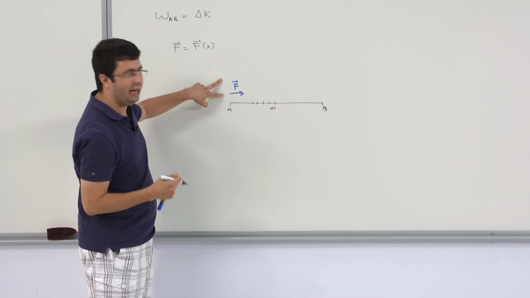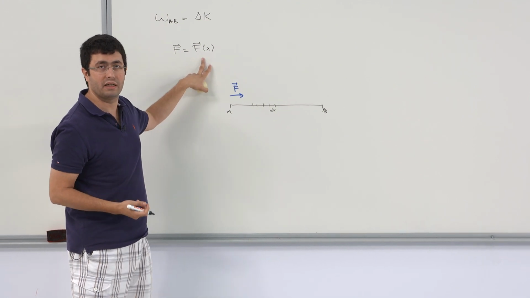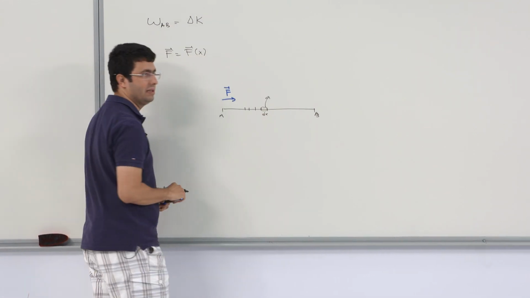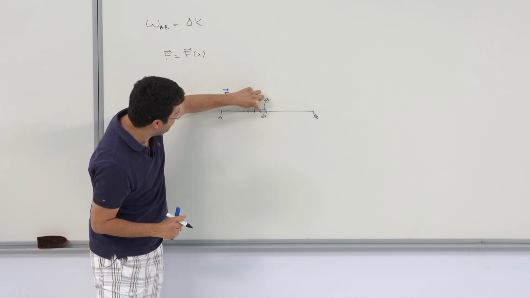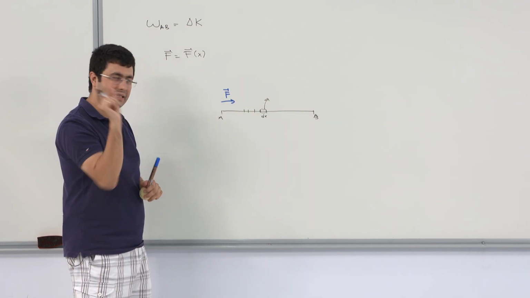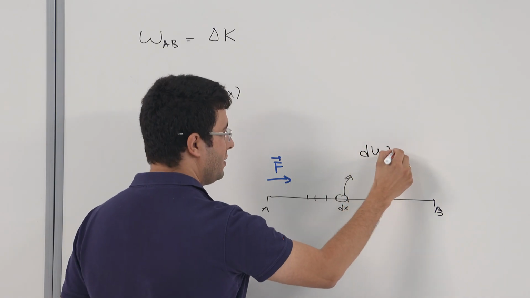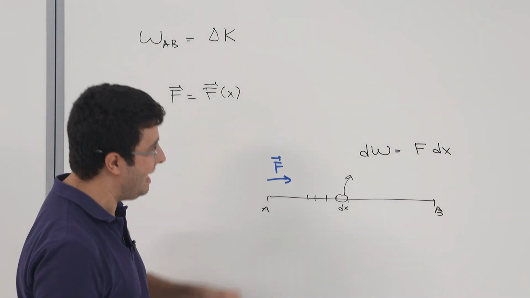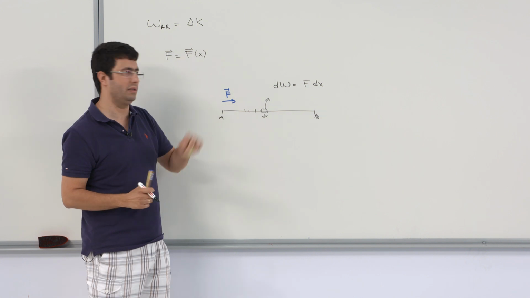Whatever f is, it's x dependent, and I'm going to assume that this is a smooth function. That means that over this distance, f will be constant. So the amount of work that I have to do to take the particle over just this dx piece of displacement is simply f times dx, because f can stay constant on this infinitesimal segment since it's a smooth function.